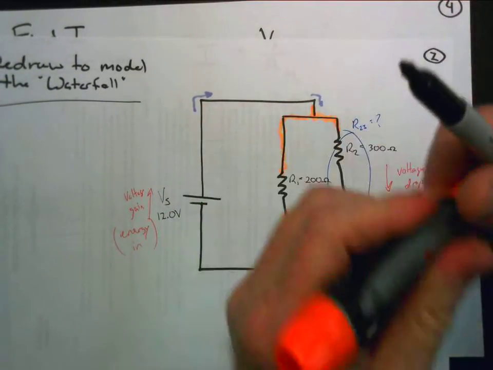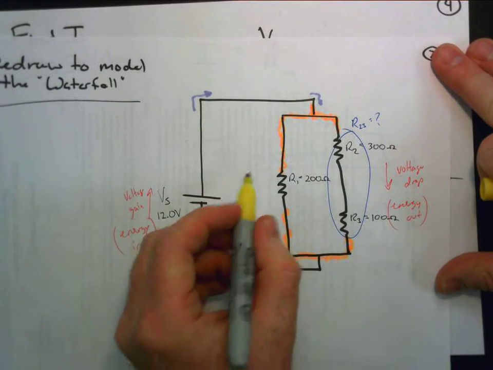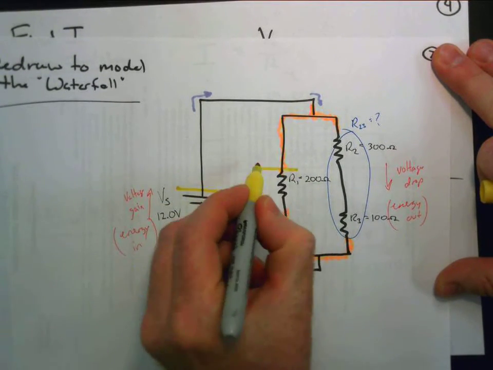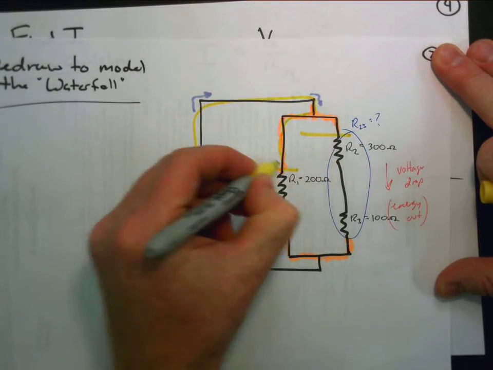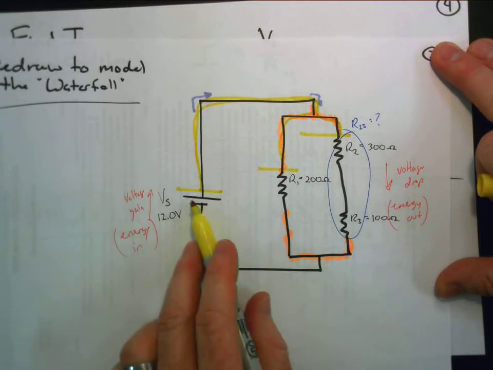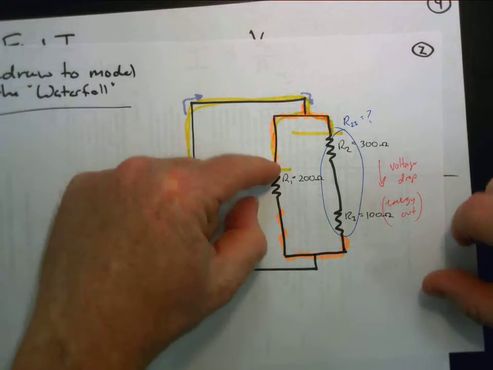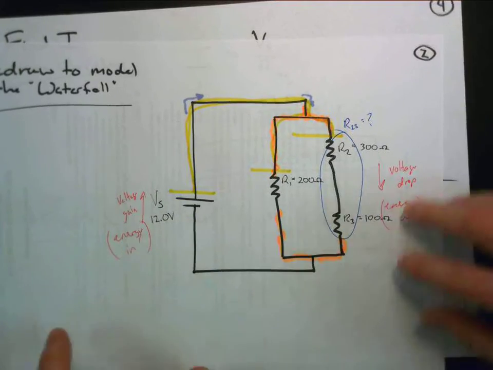Anything along here, from the source to there, is all the same potential. So R1 sees that potential and R2,3 in combination sees that same potential.